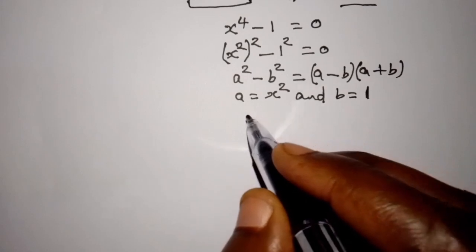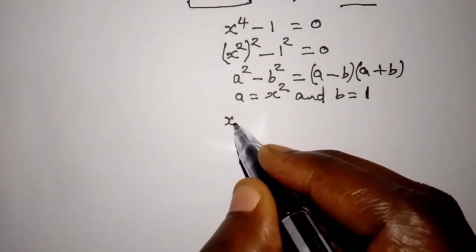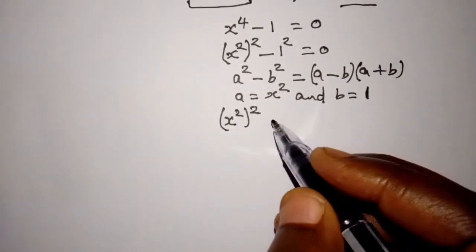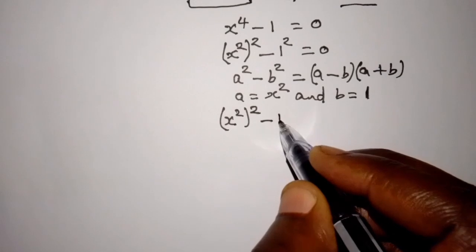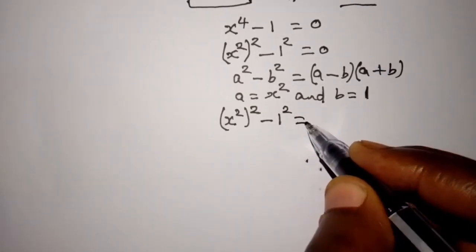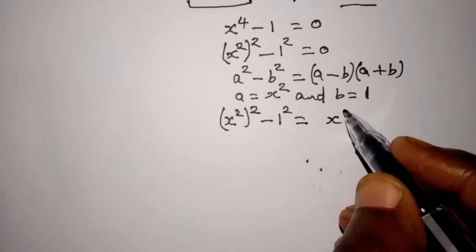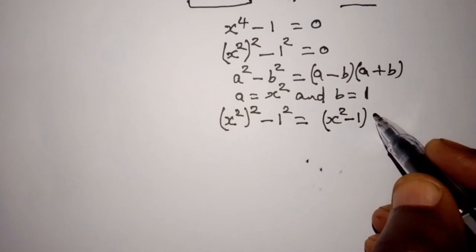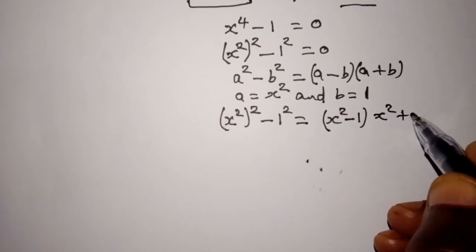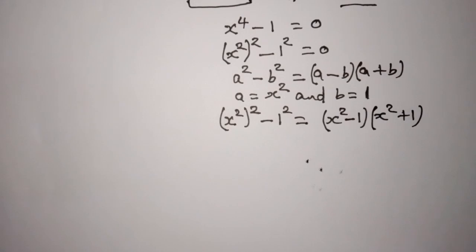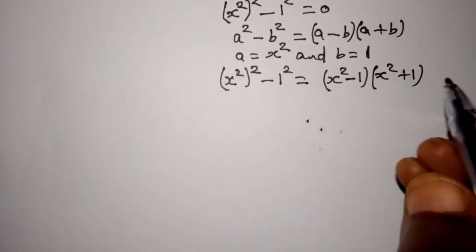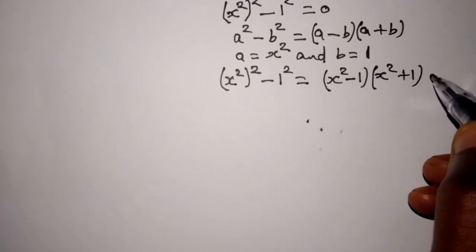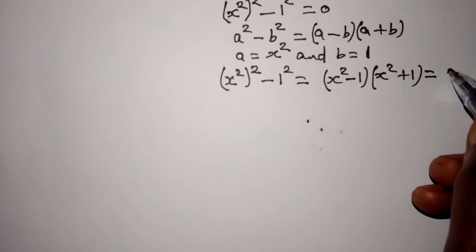So we can say that x squared power 2 minus 1 squared is equal to x squared minus 1 bracket x squared plus 1, and this is giving us 0 here.